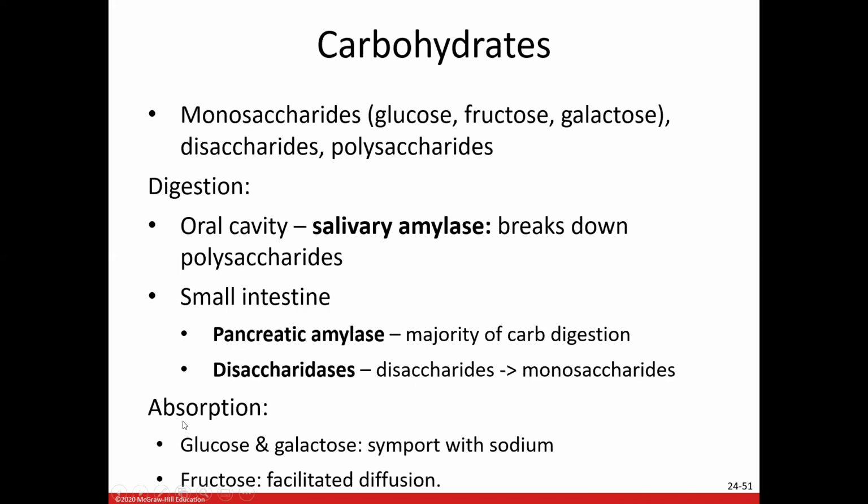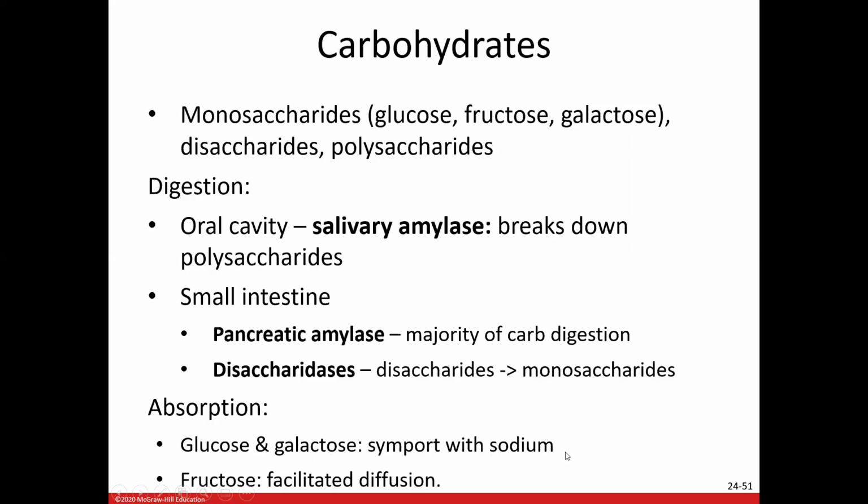Then to absorb those carbohydrate compounds, they vary based on what monosaccharide we're looking at. So your glucose and your galactose are going to cross that intestinal membrane by what's called symport. Symport just means that another compound or ion has to move across the membrane with it to allow that molecule to move.